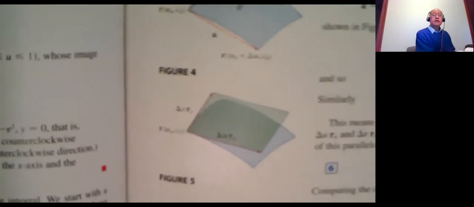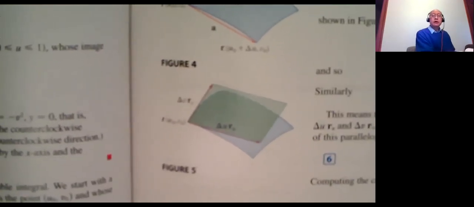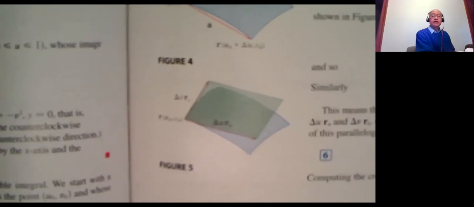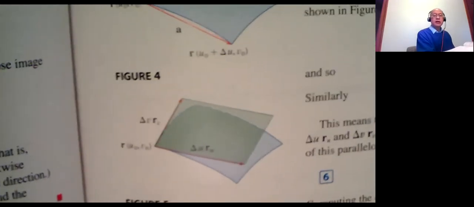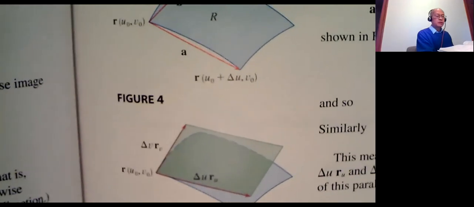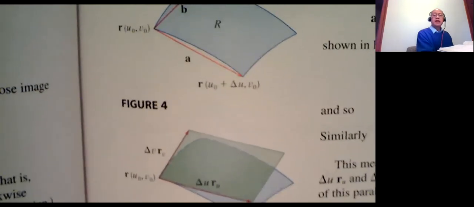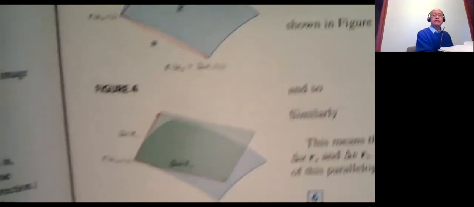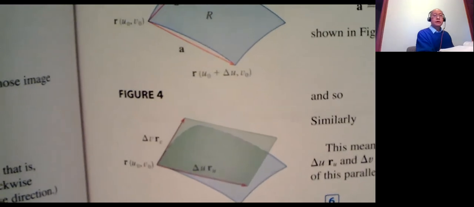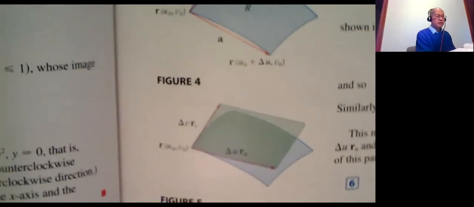As we always say, if delta u and delta v are representative of the change in x and y, so if we're changing x, y to u, v, just like before we were changing x to u, we have a delta x and delta y becoming a delta u and delta v. That's what he's trying to show you there. There's going to be a change in area, that extra multiplication factor.